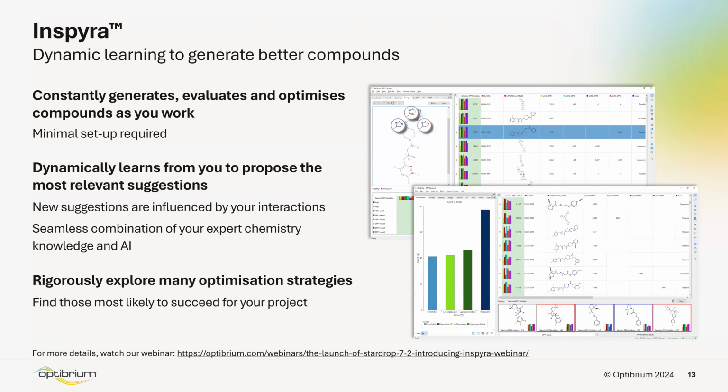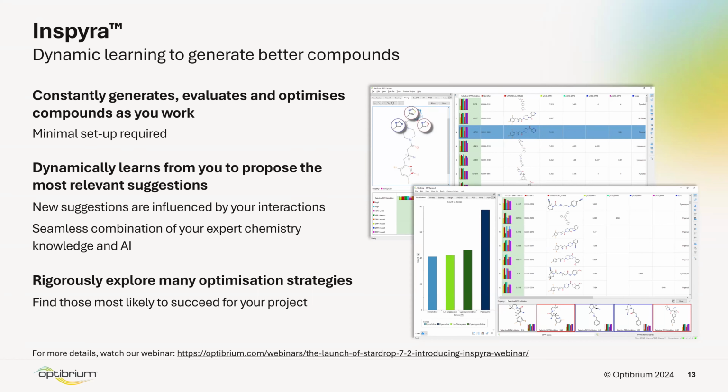So to illustrate this, we have the Inspyra module within our StarDrop software. And this really overcomes some of those big challenges that I spoke about in terms of applying generative chemistry in the context of drug discovery.